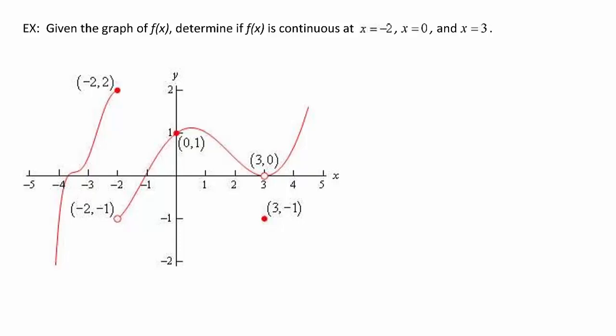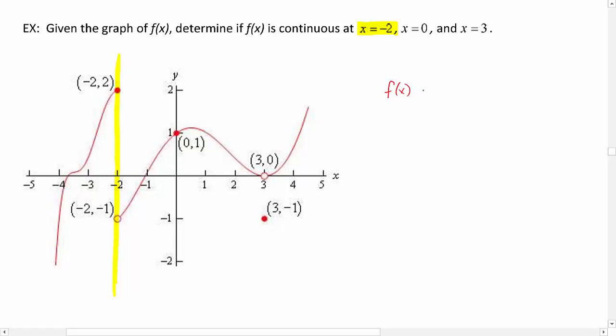Let's start with x equals -2. So that's happening right here. Clearly discontinuous, right? A huge jump that we would have to pick up our pencil for. But let's give a calculus reason here.